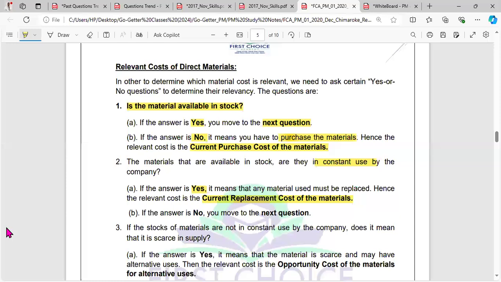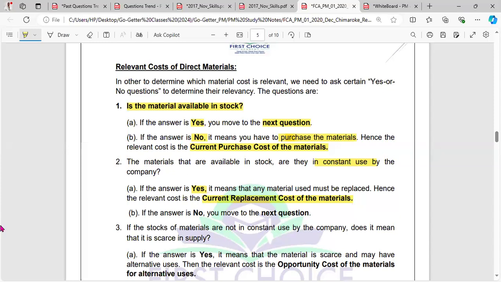When the material is not in stock, you will go to the market and purchase. But when it is in stock and you are using it, you will still go to the market to purchase. Why are you purchasing? You want to replace what was there before. In the first one, there was none, and you are purchasing. In the second one, there was something, you are using it, and you are replacing it.